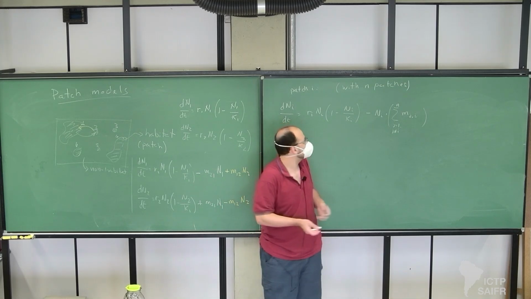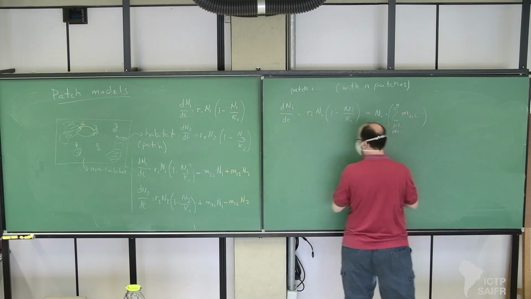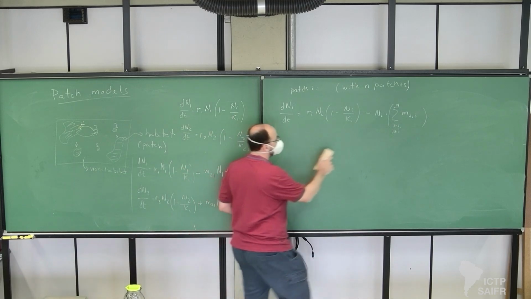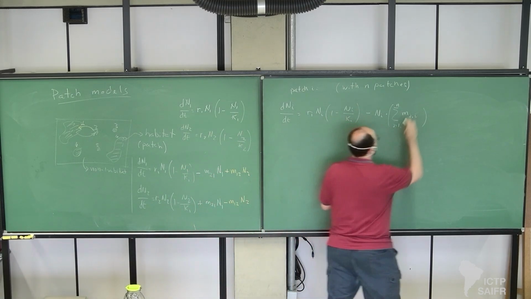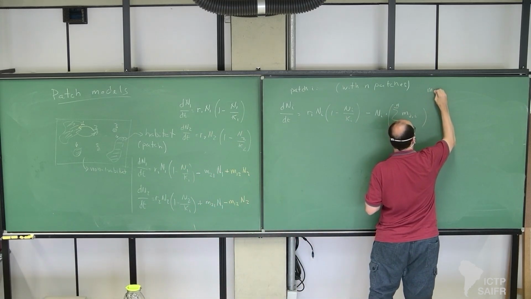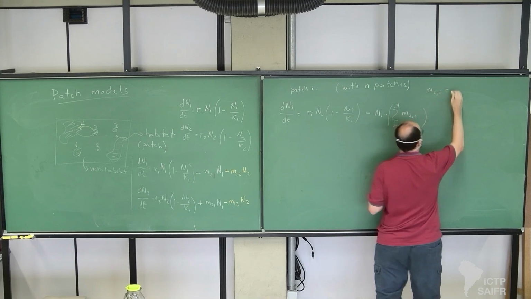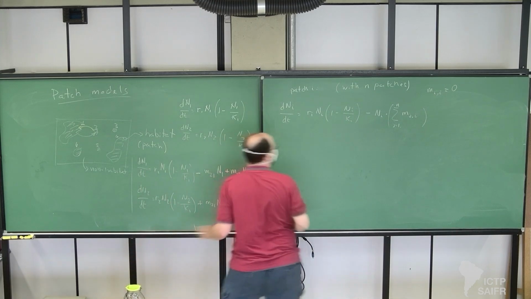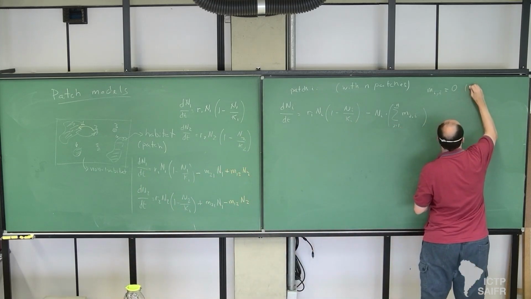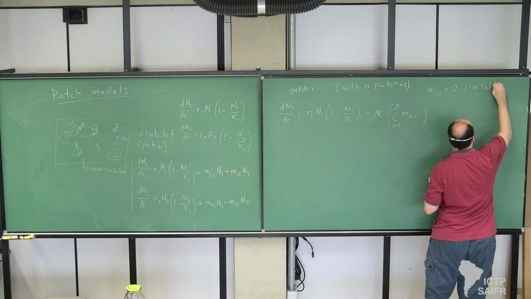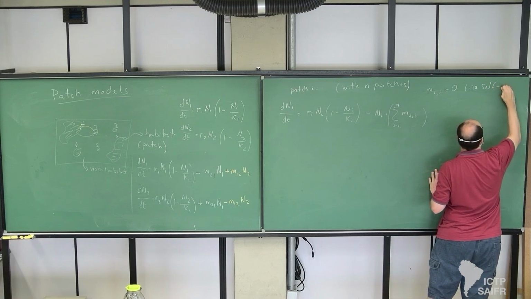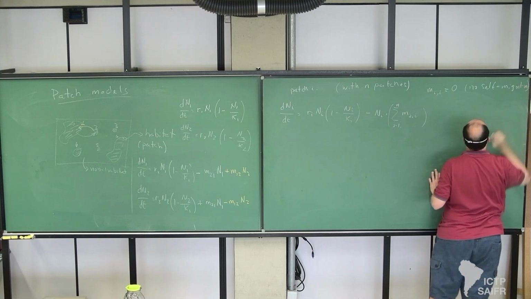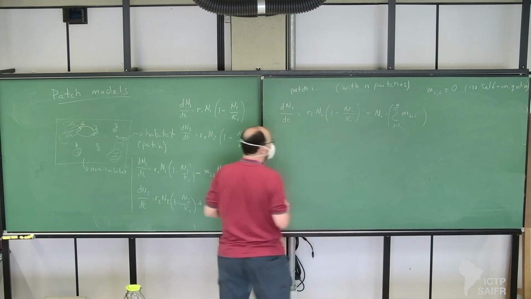So I can erase this thing here and just say that n_ii is always equal to 0. This means no self-migration. Self-migration would be weird. Okay, so far so good.